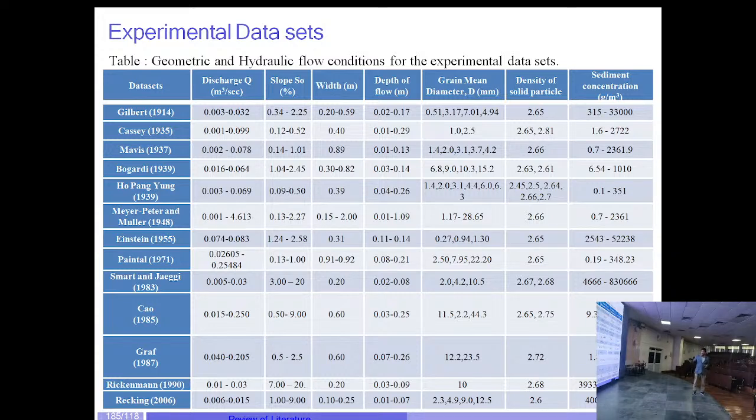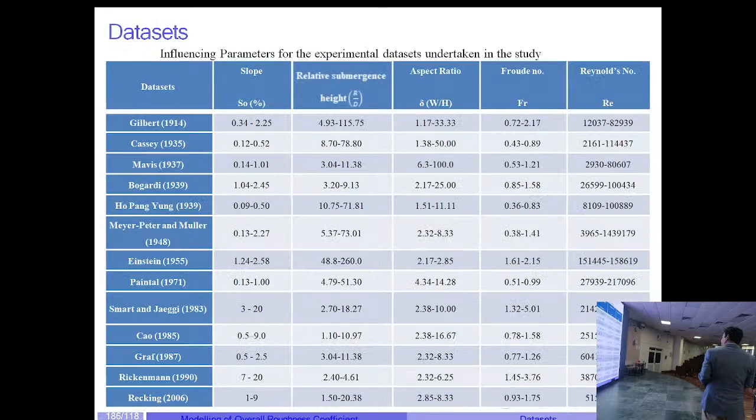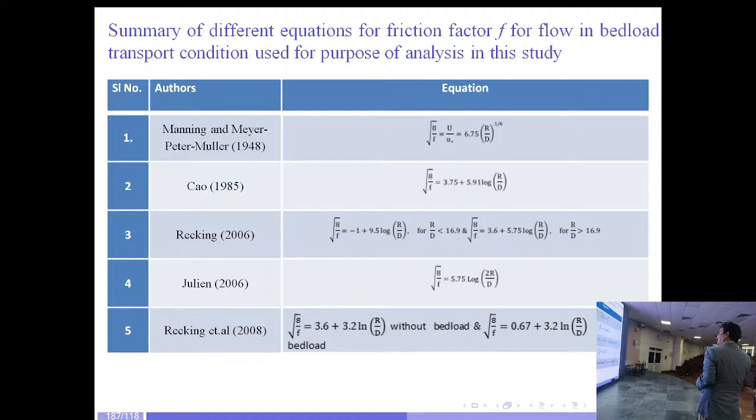Okay, and we actually validated our model. Whatever work was done in the world, that is the literature survey, the models were summarized, and our work, their data, the river data, everything we compared actually. Okay, these are regarding parameters, okay, these are the different formulas.